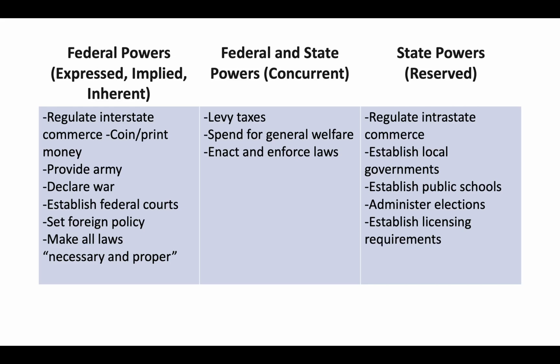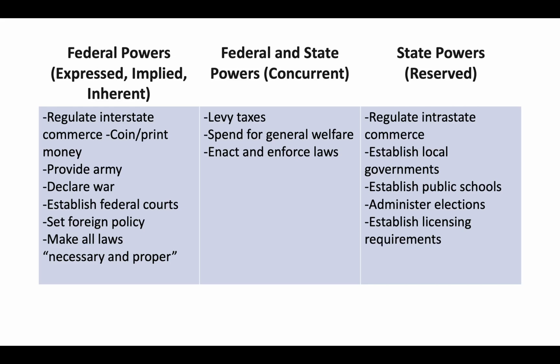So, if you wanted to make notes on federal powers, to regulate interstate commerce, is that expressed, implied, or inherent? Express. You should write an E next to it because it's an express one. Provide an army. It's express. Establish federal courts. Express. Set foreign policy.